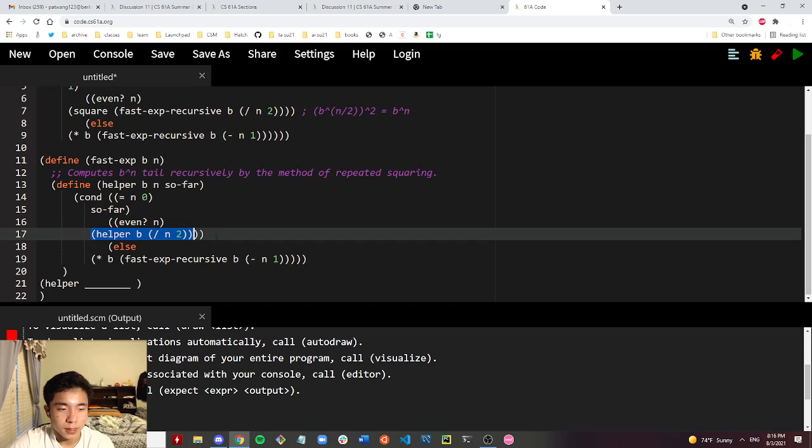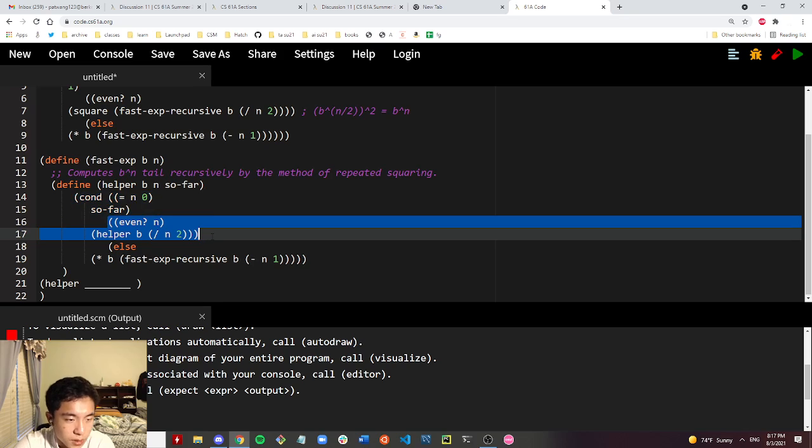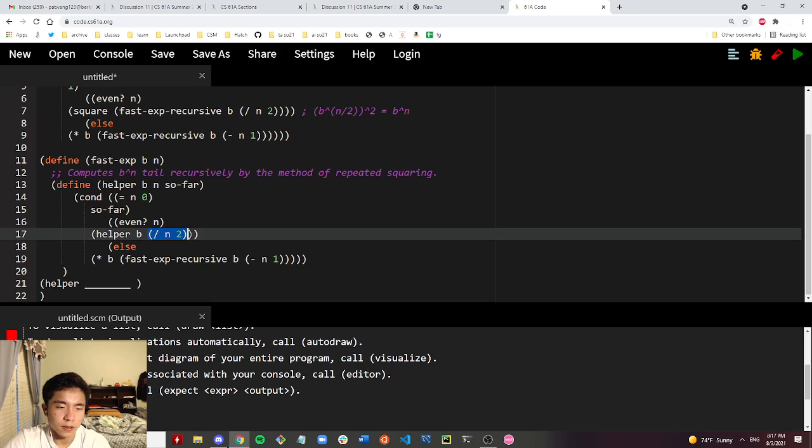So keeping that in mind, if it's even, let me fix the parentheses. So it's even, then we have helper of b and n divided by 2, so far. We're going to do something with so far, but we have to figure out what we want to do.